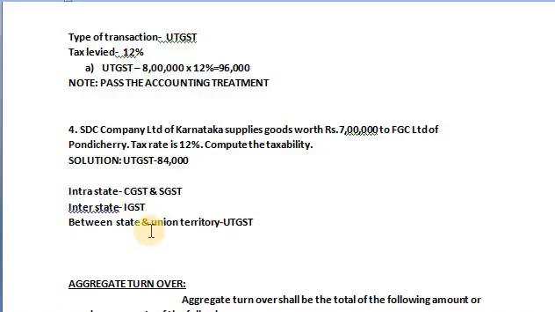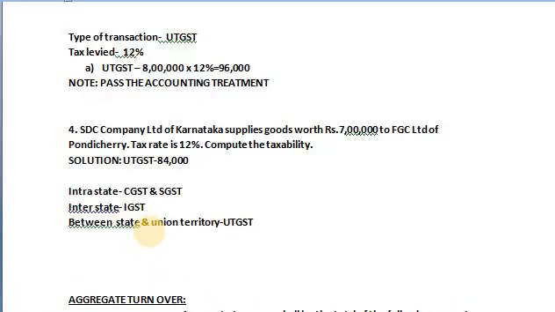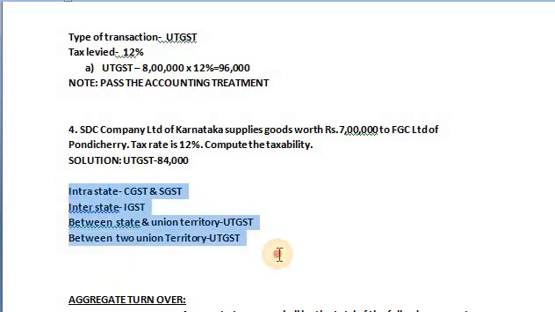Clear? Or again, if it is between two union territories, again UTGST will be applicable. Please be very clear with this.